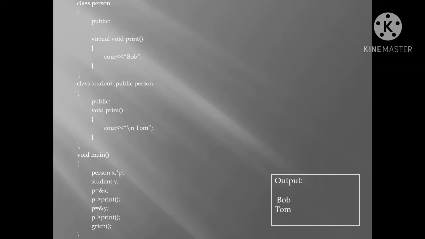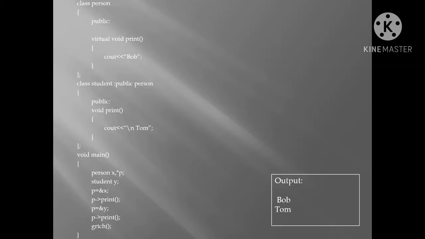As I said, virtual functions can be accessed through the use of a pointer declared as a pointer to the base class. So here I have created a base class person pointer object, that is P. As you can see, the asterisk sign before P indicates pointer object, and student class object is Y.